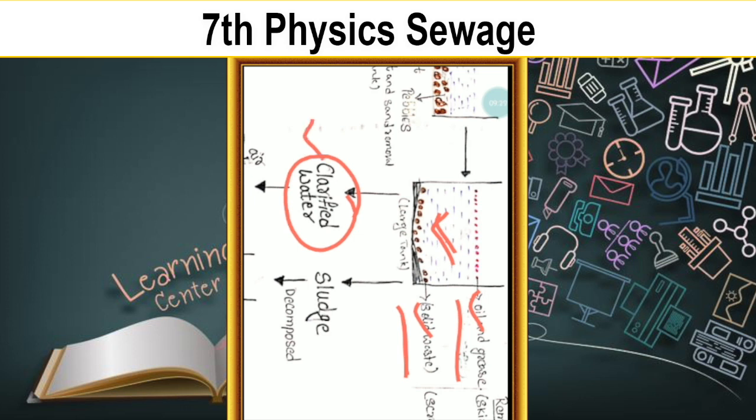The water is removed separately, and the sludge, that is the solid material, whatever solids like feces settle at the bottom and are removed with a scraper, is called sludge.